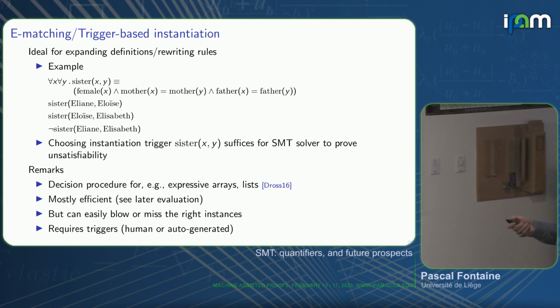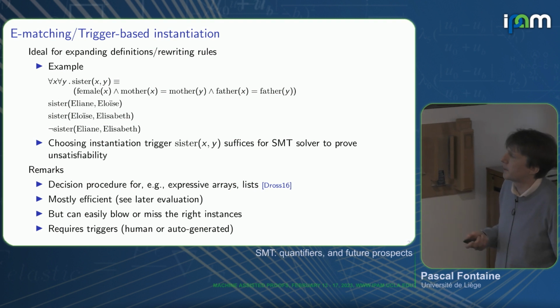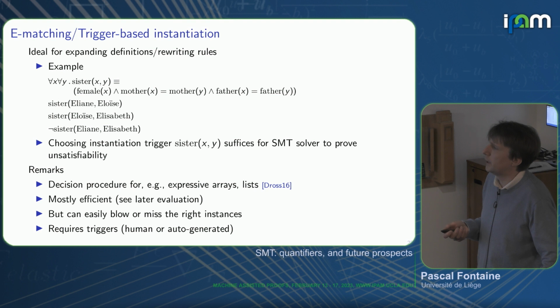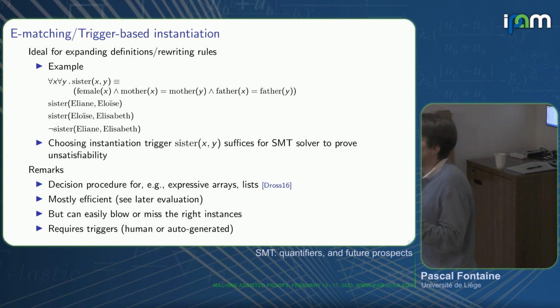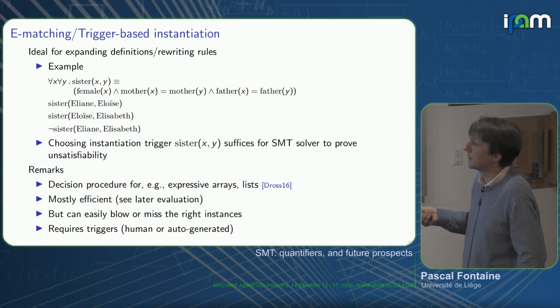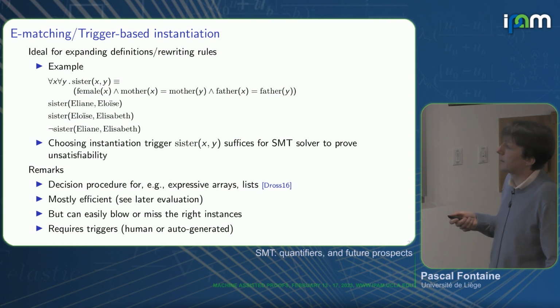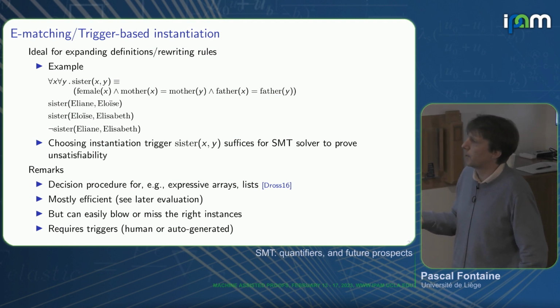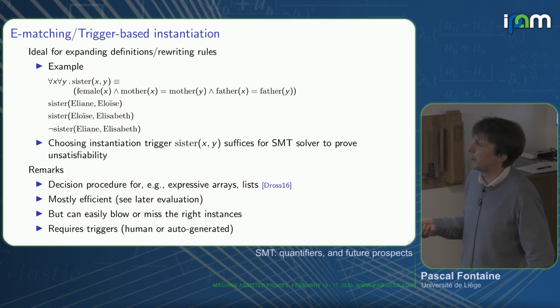So, for instance, if I have this set of formulas, I have a definition of what it is for X to be the sister of Y. I define it like this, and then I have a few facts like Eliane is the sister of Eloise, and Eloise is the sister of Elizabeth, and I also ask myself whether it's satisfiable with all this to have that Eliane is not the sister of Elizabeth.